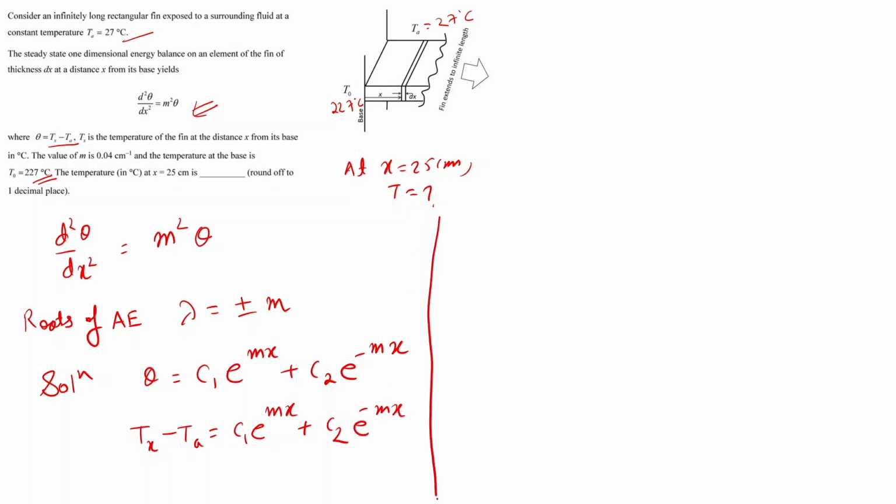Now we need to find the values of the constants C1 and C2 so that we can get the temperature profile by using the given conditions. The first condition we have been given is: consider an infinitely long rectangular fin exposed to a surrounding fluid at a constant temperature of Ta equal to 27 degrees Celsius.